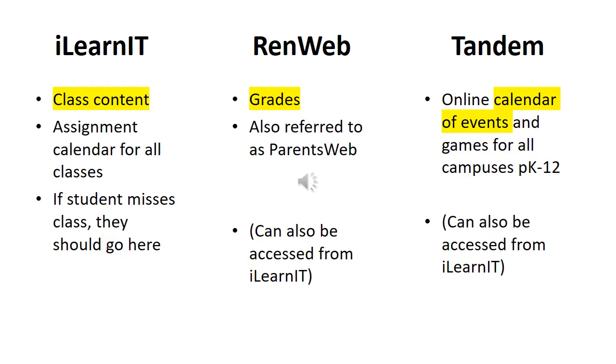I Learn It is where we're going to house class content. RenWeb, also known as Parents Web, is where all the grades are going to be found, and Tandem is the online calendar of events that shows everything happening across campuses.